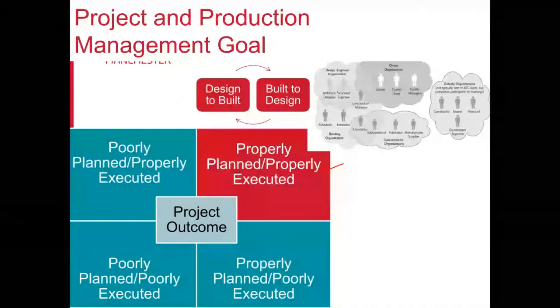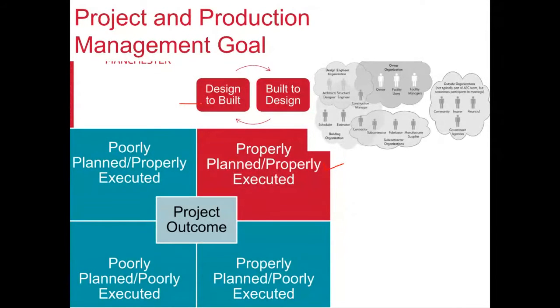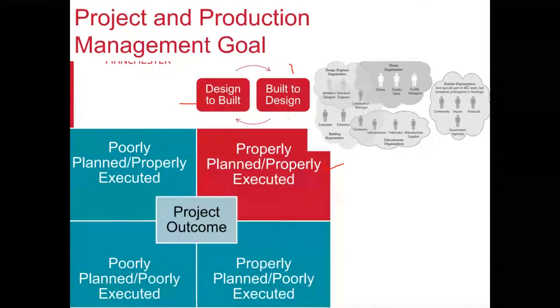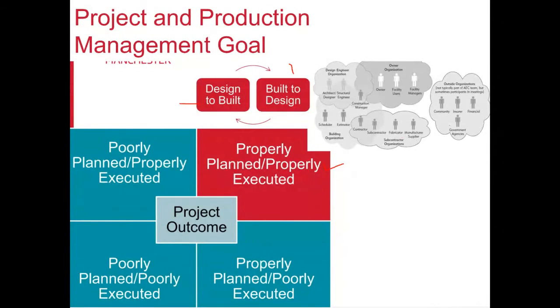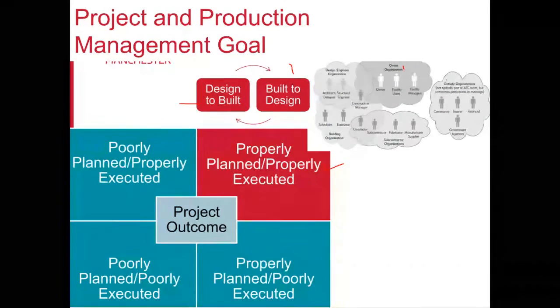In an ideal world, we would like designs with sufficient detail so that they could be built, and we would also like to produce work according to the specifications and the design, thus completing this loop. But this becomes difficult, given that the construction end users are quite complex. The construction and the owner organization is usually not a single entity.